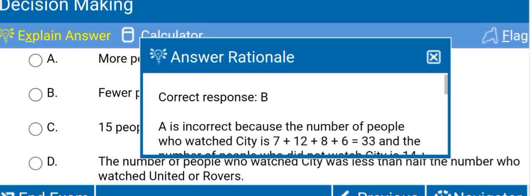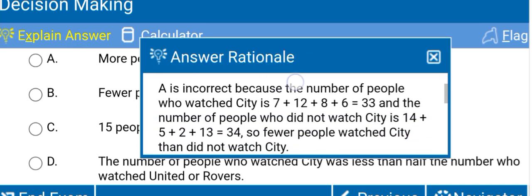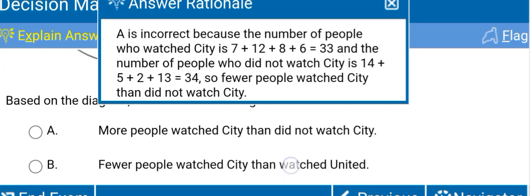So here we have the correct response is option B. And option A is incorrect because the number of people who watched City is 7 plus 12 plus 8 plus 6 equals 33, and the number of people who did not watch City is 14 plus 5 plus 2 plus 13 equals 34.